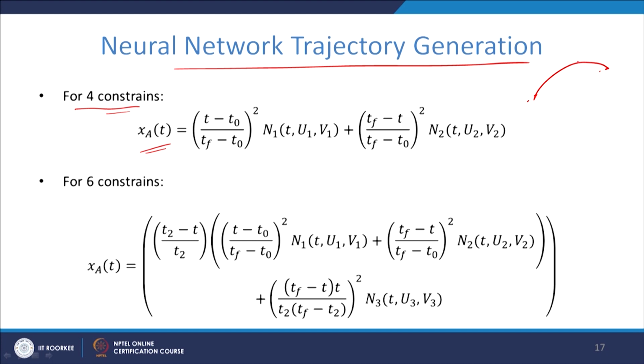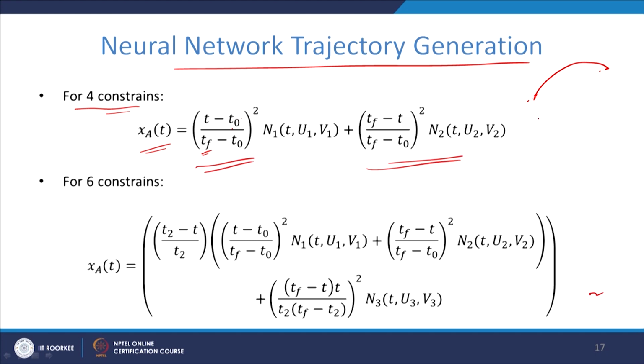Instead of that we can also write in this particular form, where t0 denotes the initial time and tf denotes the final time. At t equal to t0 this bracket will vanish.